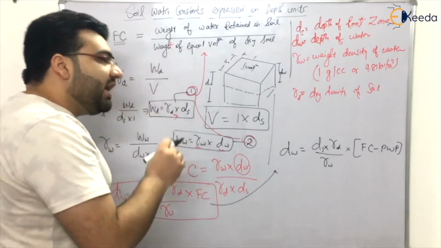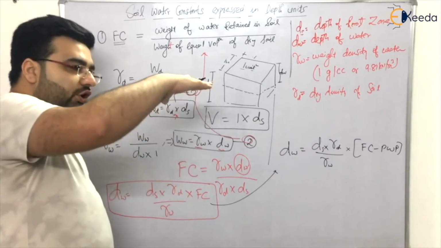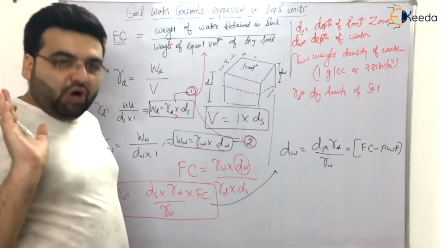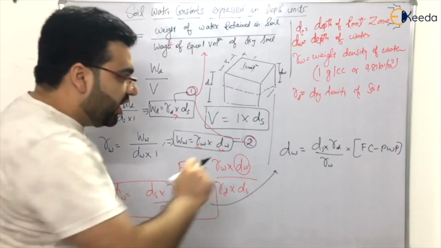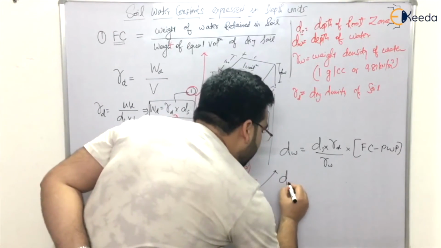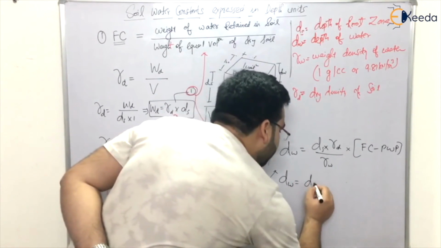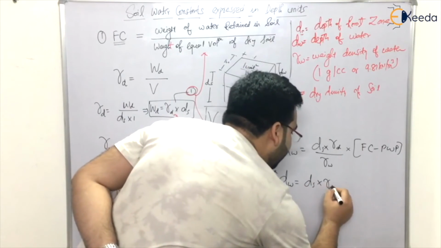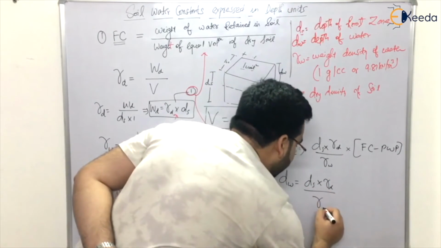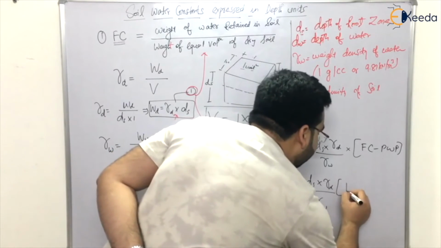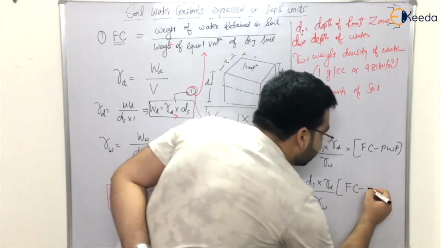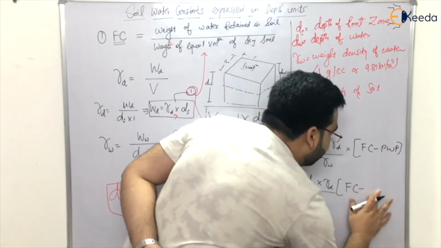Now if we are not allowing the moisture content to drop below the readily available moisture, or below the available moisture, then this formula becomes dw equals ds into gamma d divided by gamma w, in bracket field capacity minus readily available moisture.